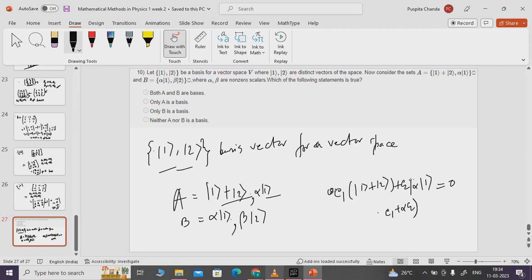That will be (C1 plus alpha C2) v1 plus C1 v2 equal to 0.